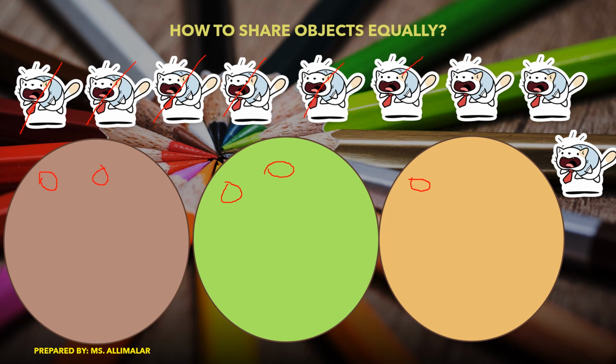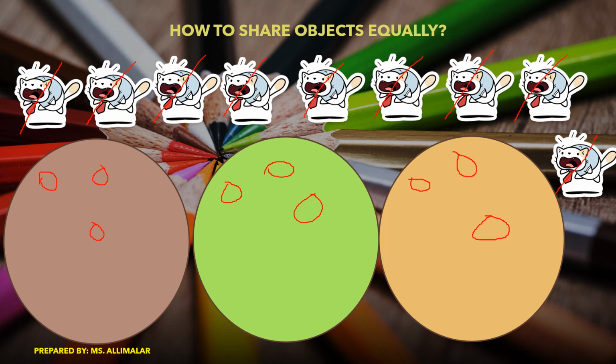Sixth image, you cut and draw here. The seventh image, you cut and draw here. Eighth image, you cut and draw here. The last image, the ninth image, you cut and then draw here. We have an equal number of drawings there, correct? 3, 3, 3. Of course, my drawing is bad.